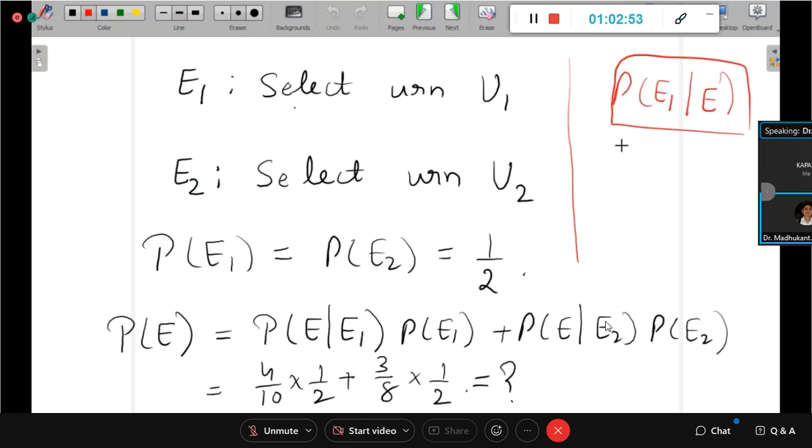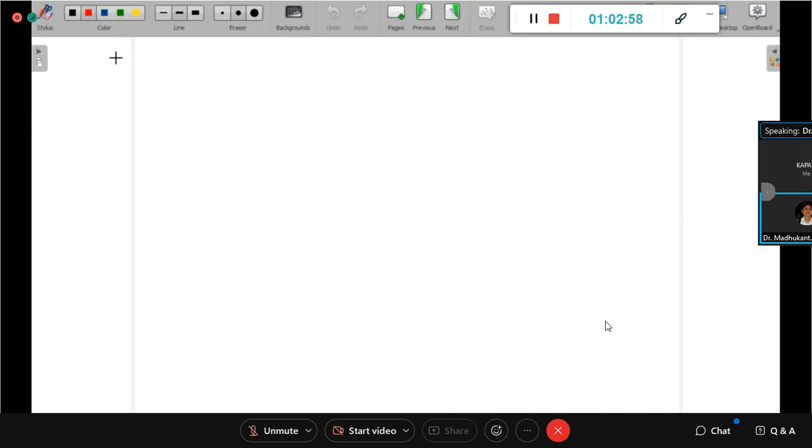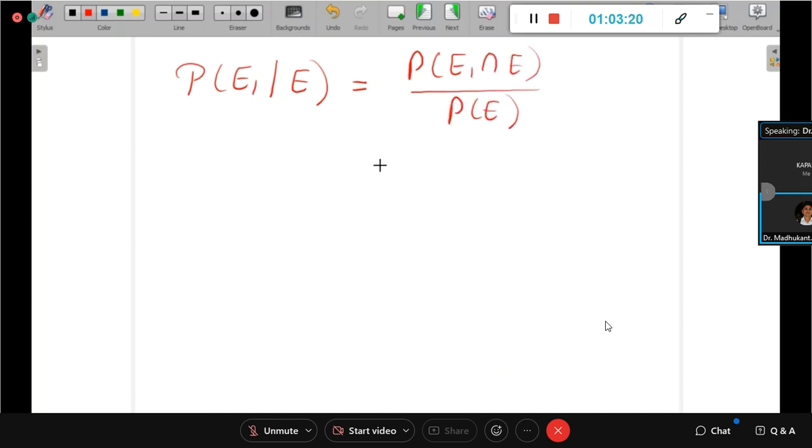Now let's try to answer the same question which we tried to answer here. I'm interested in getting the probability of E1 given E. Now I can apply the Bayes theorem, or you can apply the conditional probability definition: probability of E1 intersection E divided by probability of E. Now I have to transfer my knowledge into the known things.